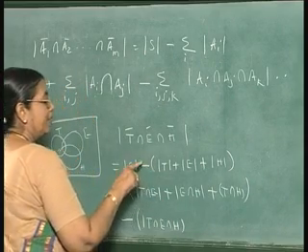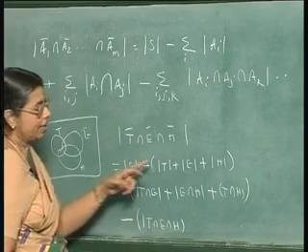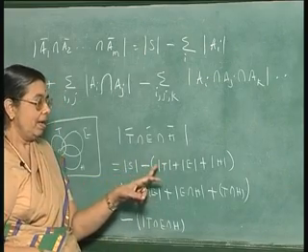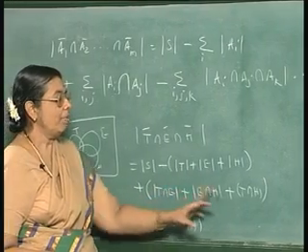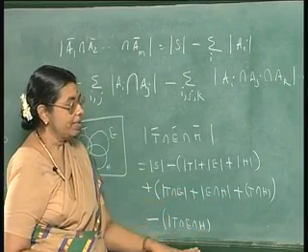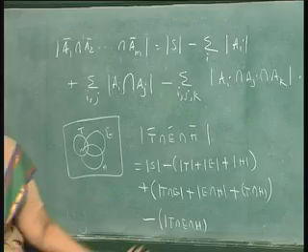So alternatively it is minus, plus and so on. Each sum is taken over all 2 combinations, all 3 combinations, and so on.